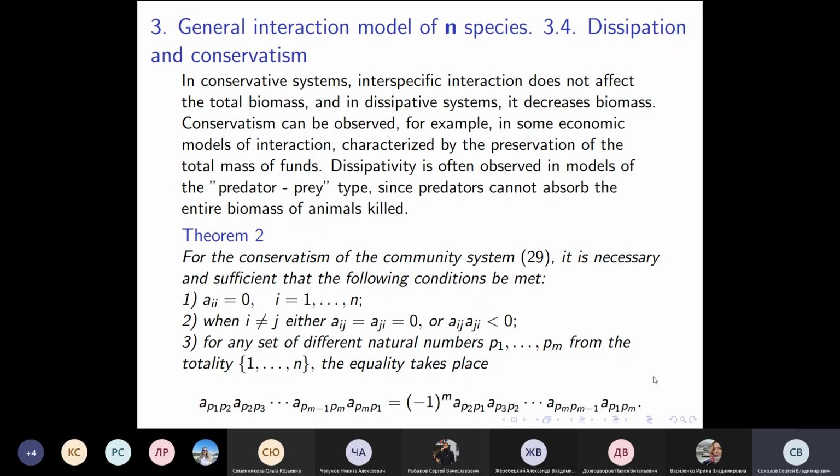So these guarantee us the transition of our biomass from victims to predators. So all of the biomass from victims is transposed to the predators' biomass.